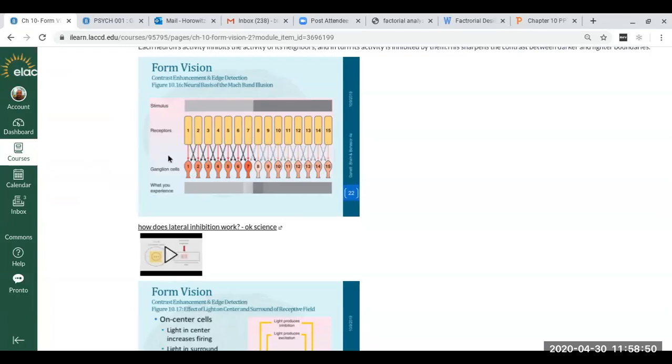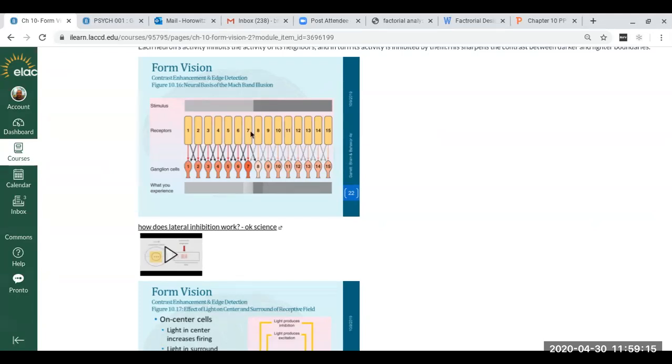Looking at the receptors that we have, here we have the stimulus. We have a lighter shade of gray and we have a darker shade of gray. And then right here between 7 and 8, that's the line between the two shades. So what we see is that there are 15 receptors. We can call those rod receptors, and then they are giving their information to the ganglion cells here.